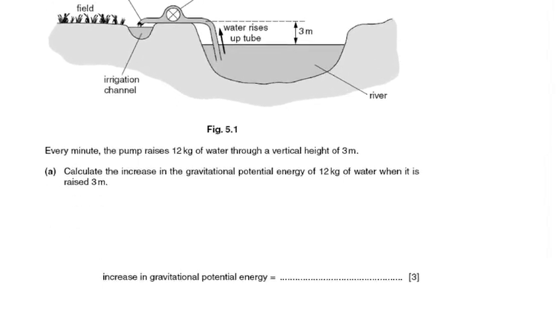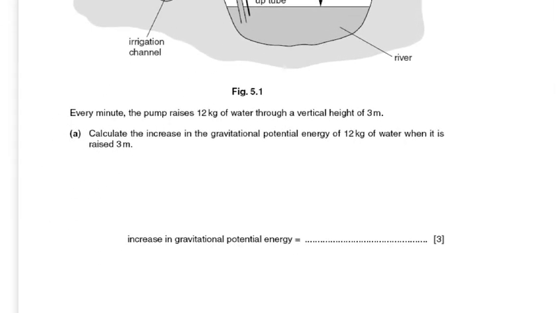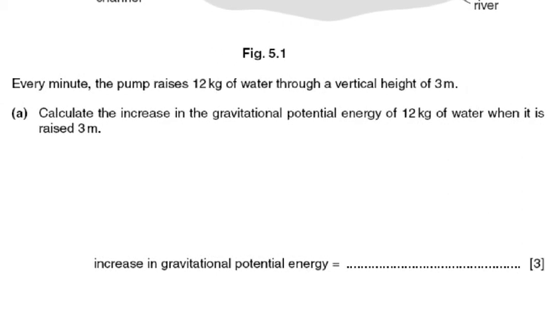It tells us how much water the pump raises every minute through that vertical height of 3 meters, and they want us to calculate the increase in gravitational potential energy. So basically, how much does the potential energy increase when that much water goes up?